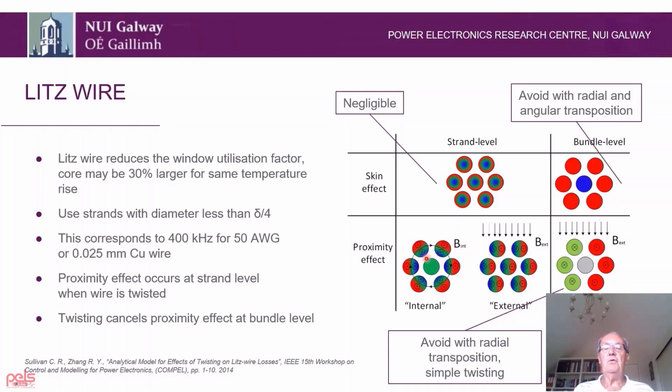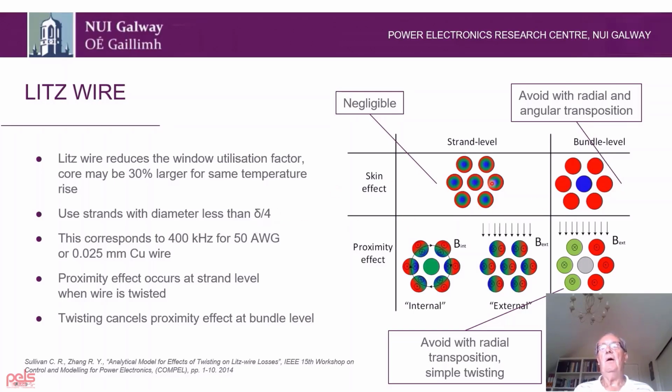So we have individual strands proximity effect, we have proximity effects across the bundle, and then we have the proximity effect due to the external magnetic field. This makes the situation extremely complicated, and effectively there is no simple analytical solution to any of these cases. But we do have this limitation here.